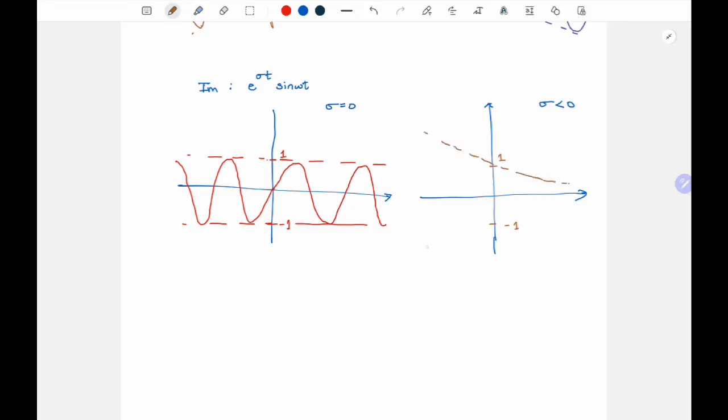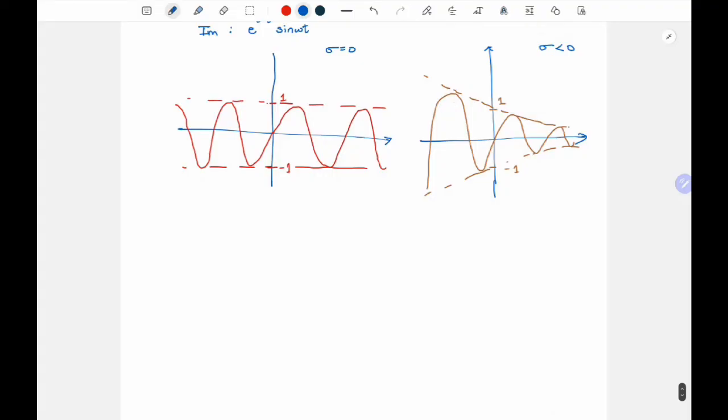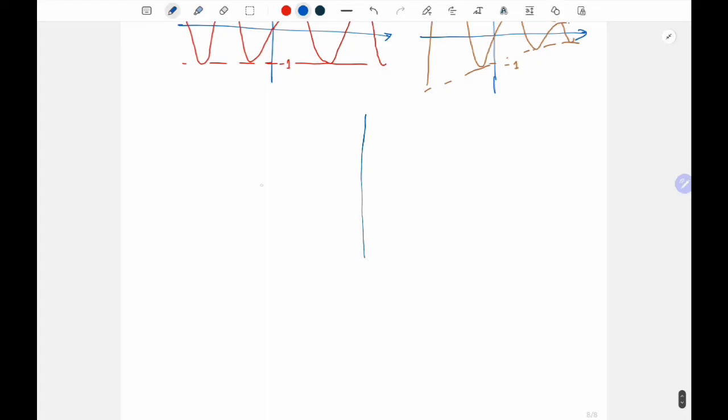And for sigma greater than 0, you have an exponentially growing function. So it will be in these limits.